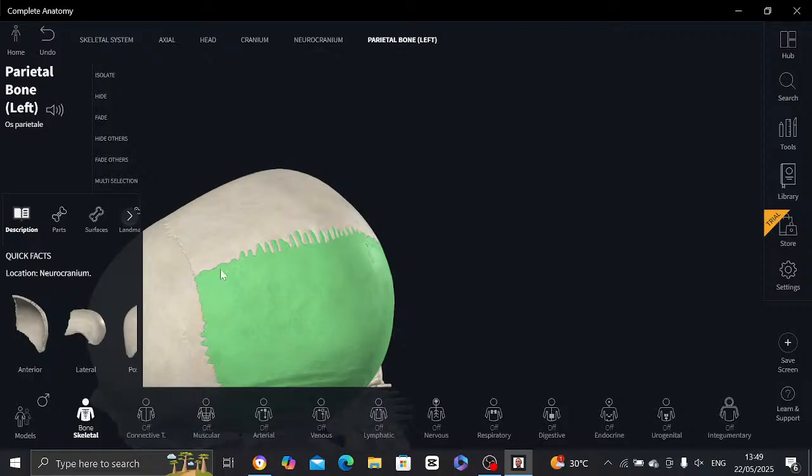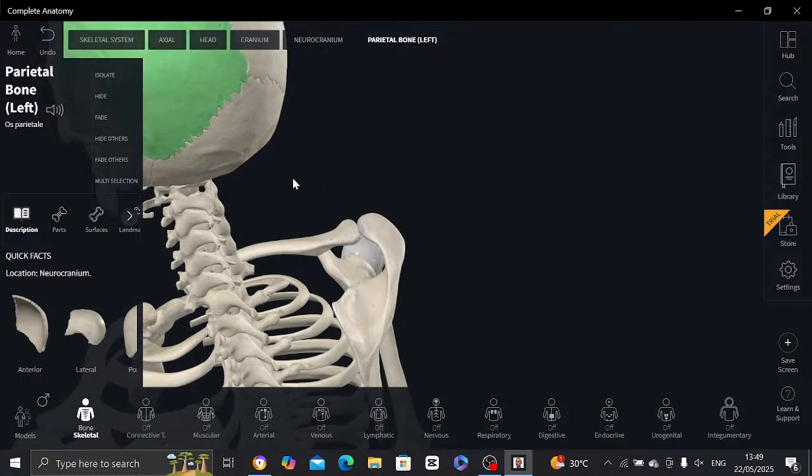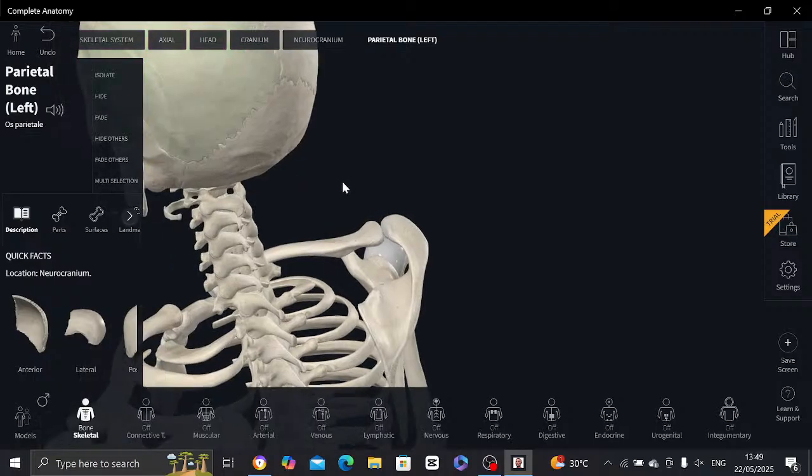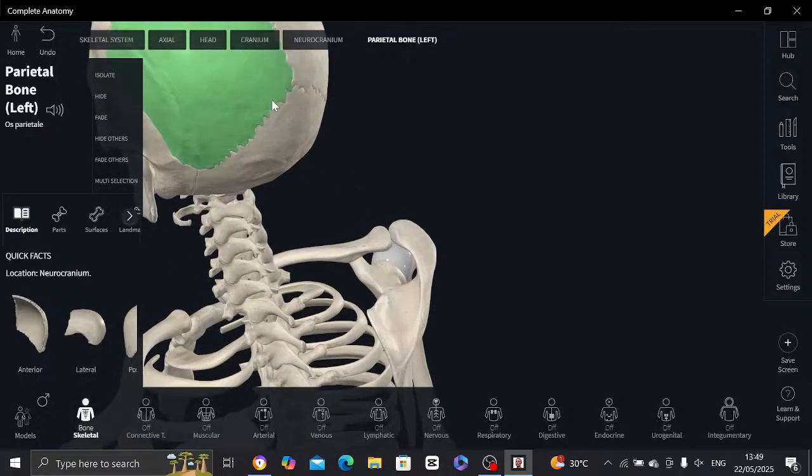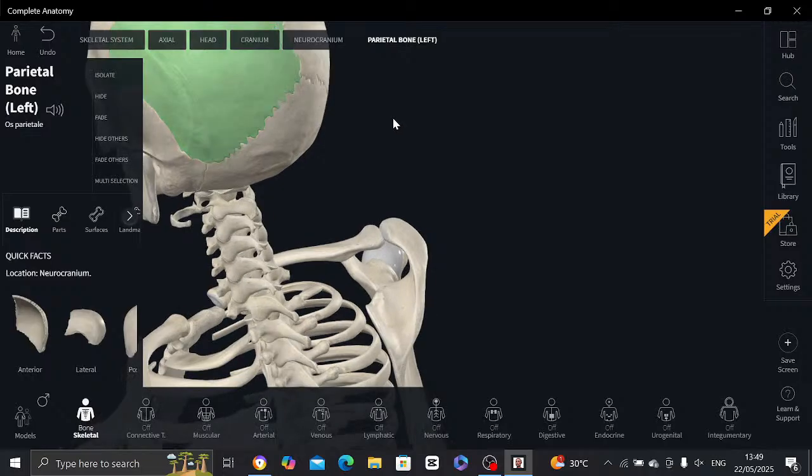The line runs posteriorly. That's the sagittal suture, and the point of attachment to the occipital bone is known as the lambdoid suture. The lambdoid suture is the point of attachment of the parietal bone to the occipital bone. Also in children, there's a posterior fontanelle here.